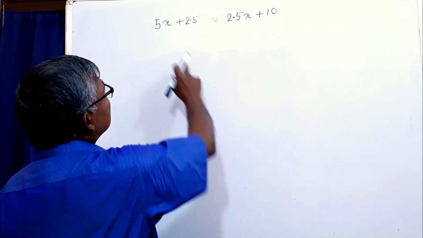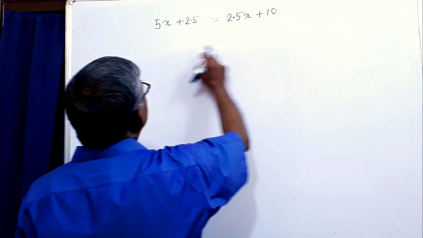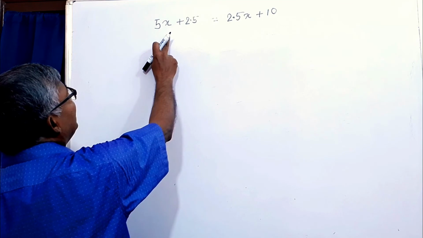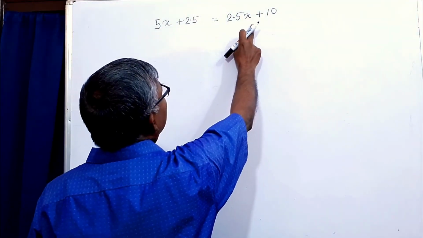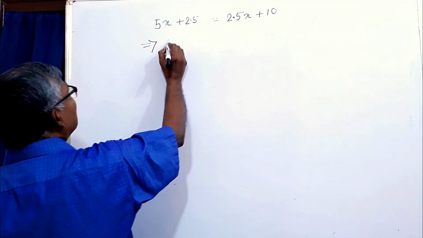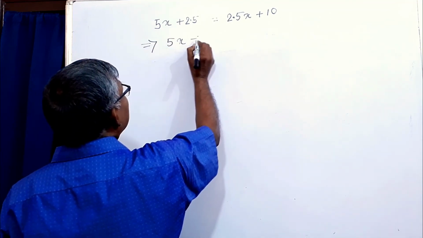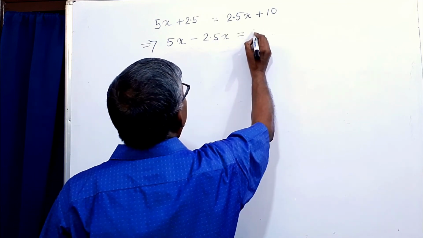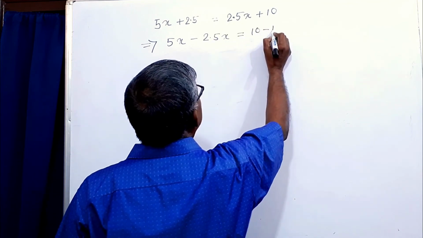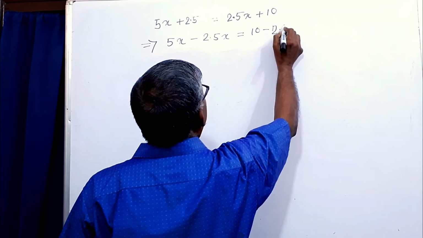Let us solve the simple equation. Here 5x plus 2.5 equals 2.5x plus 10. This implies that 5x minus 2.5x equals 10 minus 2.5.